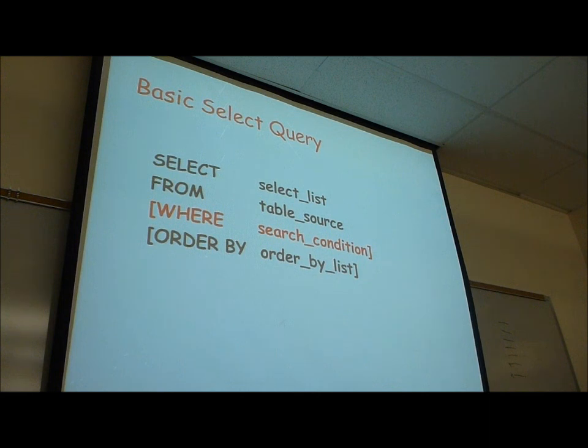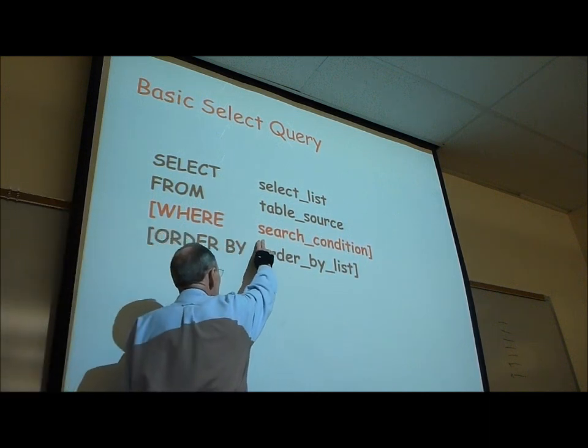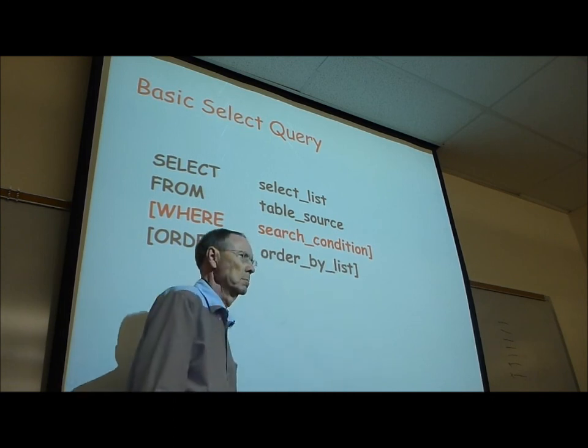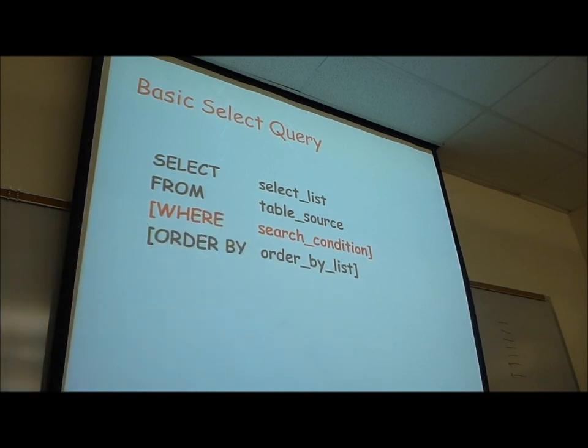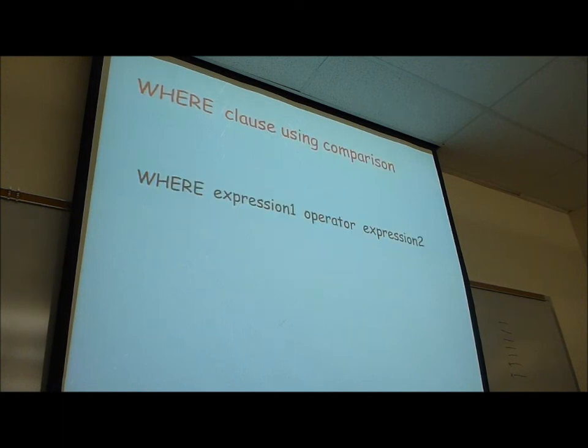And this is where we use the search condition, the where clause. The where clause and some type of search condition. We've got several types of search conditions that we can look at.